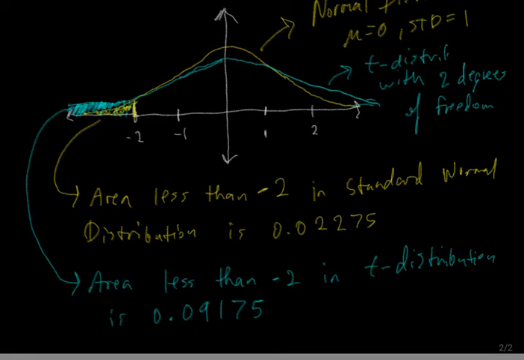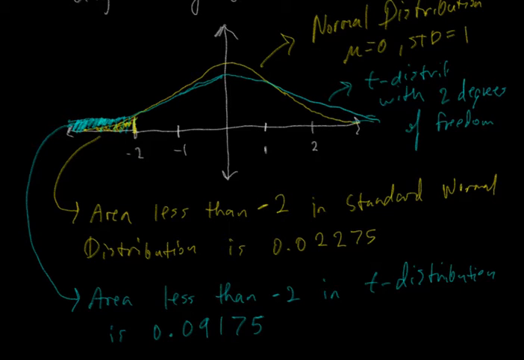And so you'll notice that as the sample size gets smaller in the t distribution, that is, it has a lower degree of freedom, there's actually more area in the tails. And so the tails are fatter than the tails of the standard normal distribution.